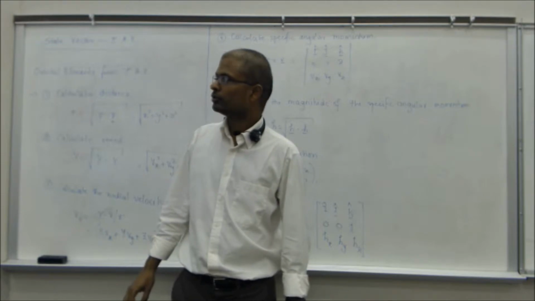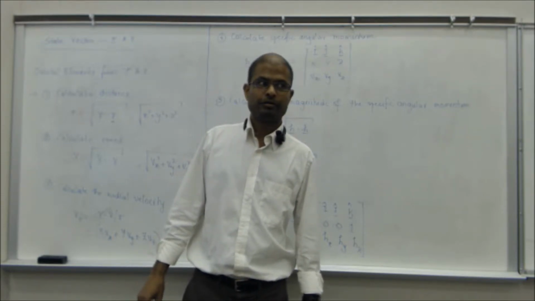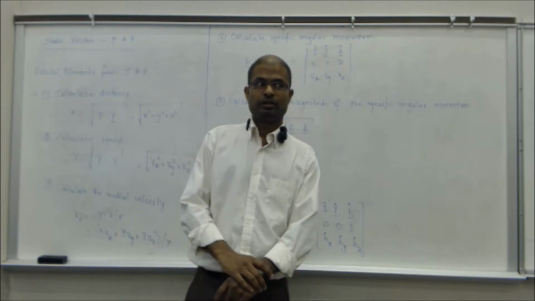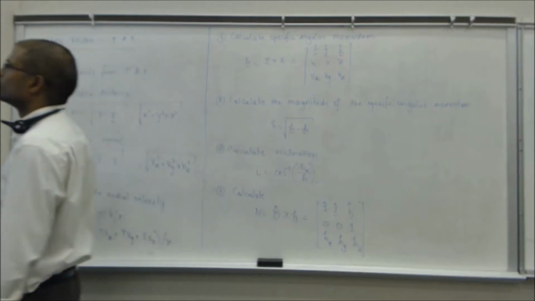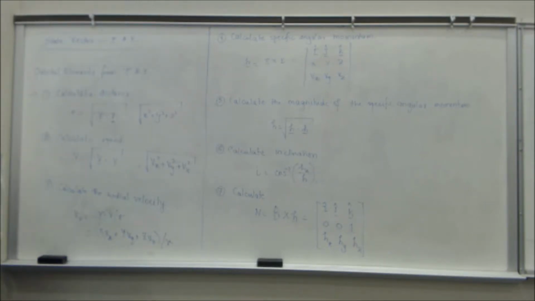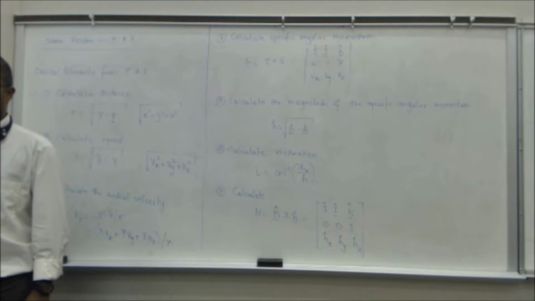You forgot already? Earth. Right. So which is that frame over here? You see this X, Y, Z. That is the coordinate system. That is the coordinate frame. That is the ECI frame. It is Earth-centered inertial.